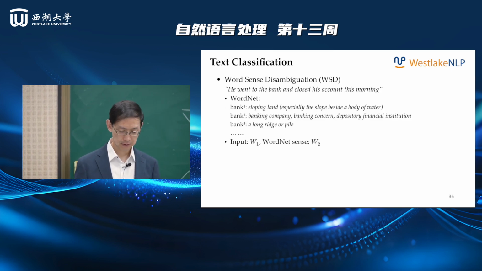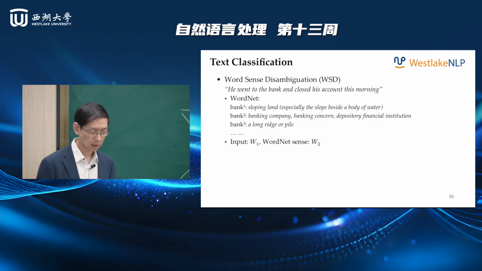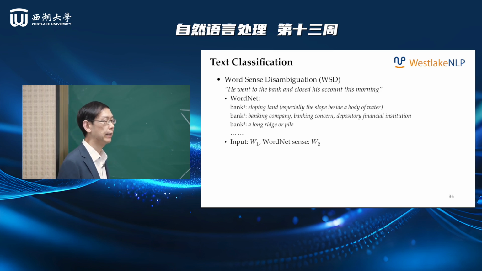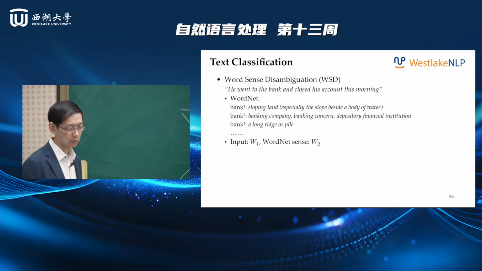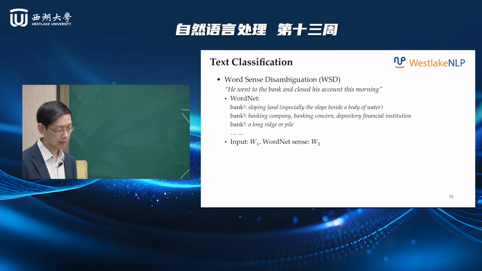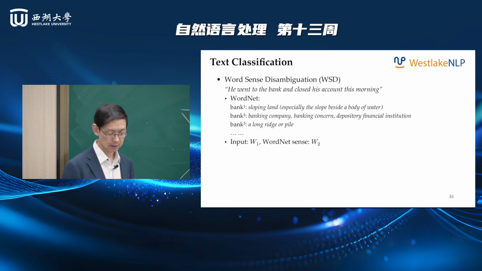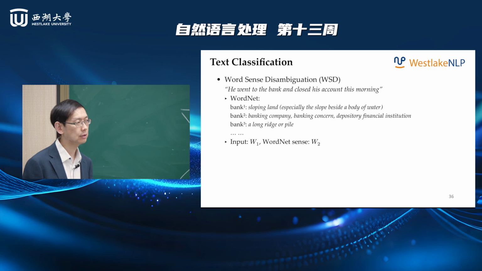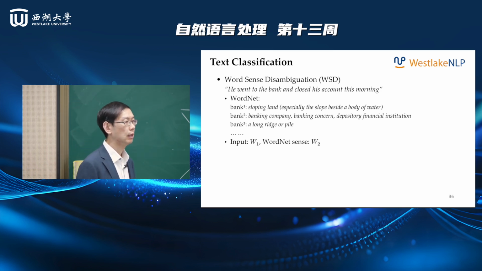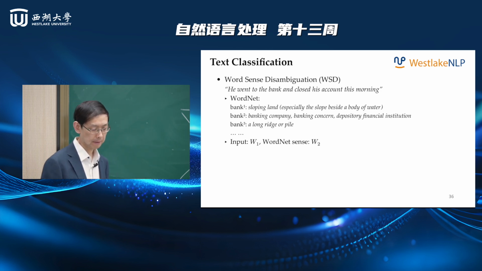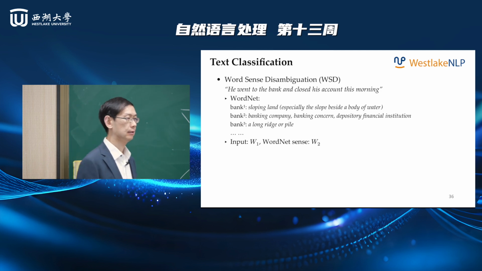Now let's look at another problem, which is word sense disambiguation. We didn't discuss this task throughout the past weeks, but we learned this task in week 1, okay? So it's a recap. The input is a sentence. Maybe he went to the bank and closed his account this morning, okay? And the task is to predict the meaning of bank.